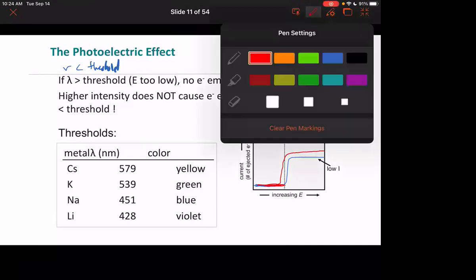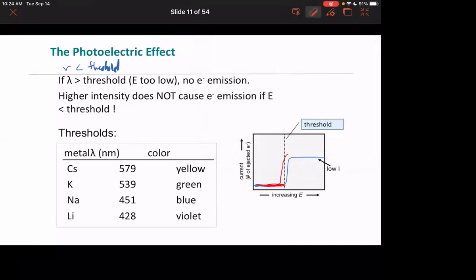So let me redo that because it has to be more like that. That would be higher intensity. Same threshold. So higher intensity means more photons, more density of photons. Okay? Which means I can get more electrons flowing.